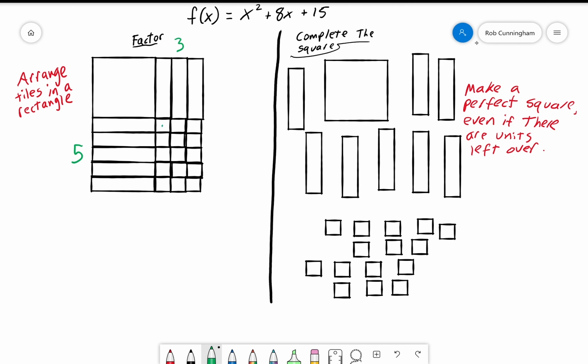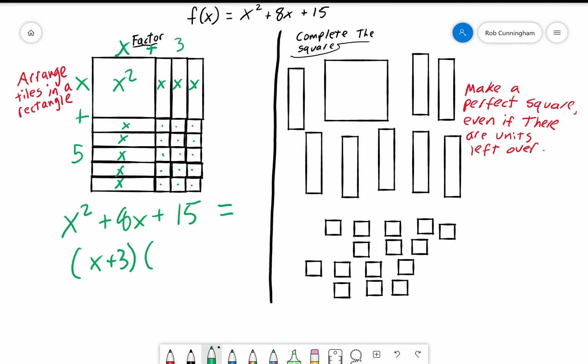As you can see, we have 1, 2, 3, 4, 5, 6, 7, 8, 9, 10, 11, 12, 13, 14, 15. So, our answer to x squared plus 8x plus 15 is equal to x plus 3 times x plus 5.